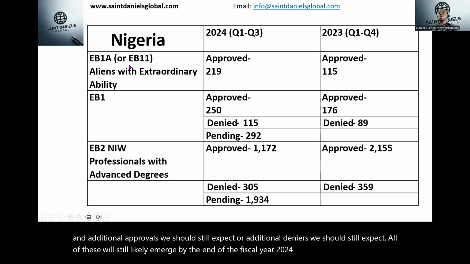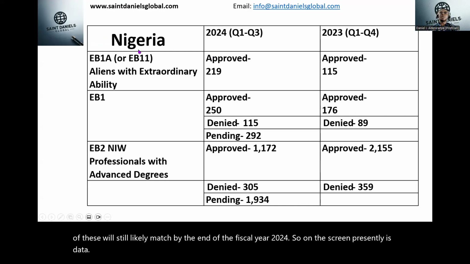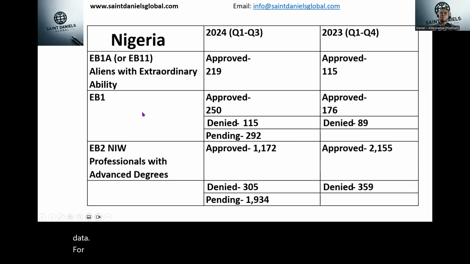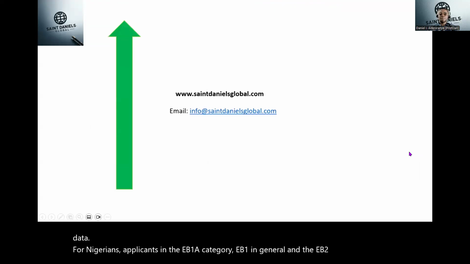So on the screen presently is data for Nigerian applicants in the EB1A category, EB1 in general, and the EB2 NIW.